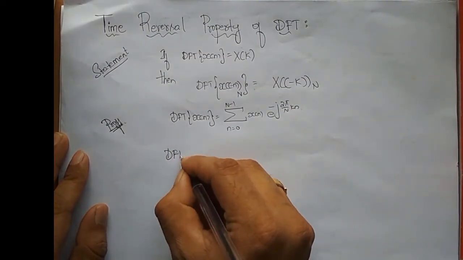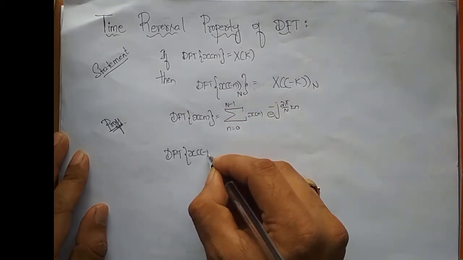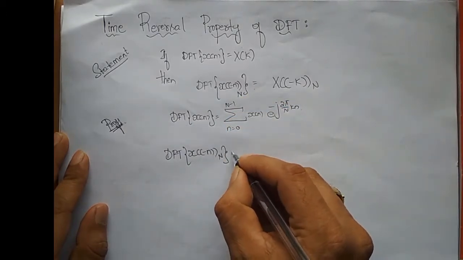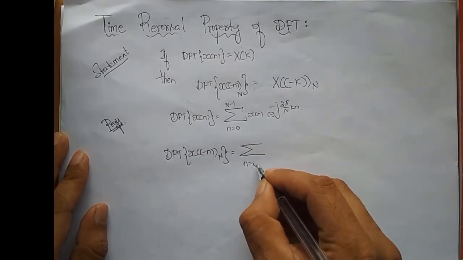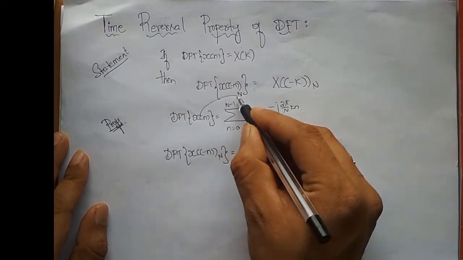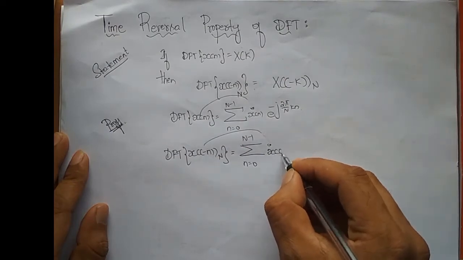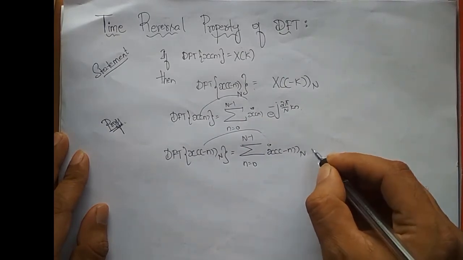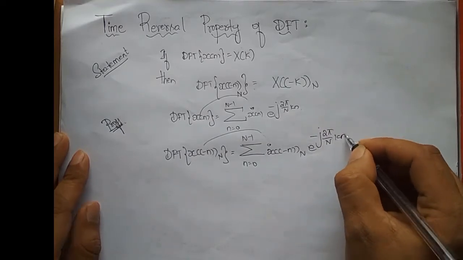So what we will do, we are going to change x of n to x of minus n mod N, and this is equal to summation n varying from 0 to N minus 1 x of minus n mod N into e power minus j 2 pi by N into kn.